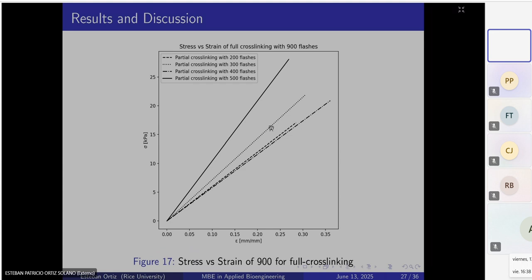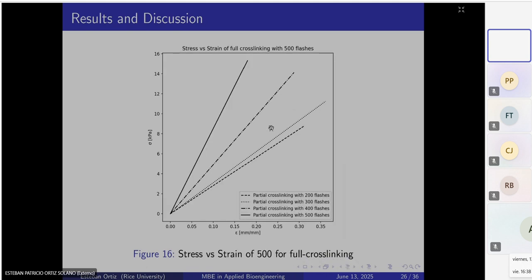There is an optimal amount of flashes that you can provide without compromising the mechanical behavior of the hydrogel. So that was basically the experiment: trying to determine the optimal amount of flashes, the amount of energy that I can provide to this tissue, to this hydrogel.